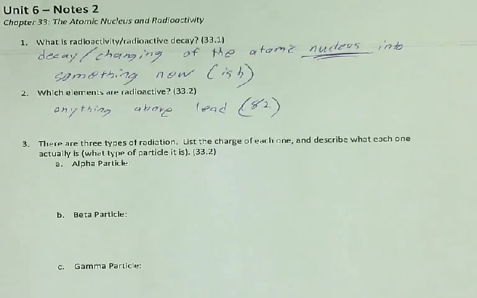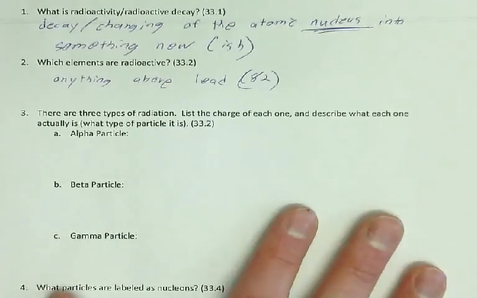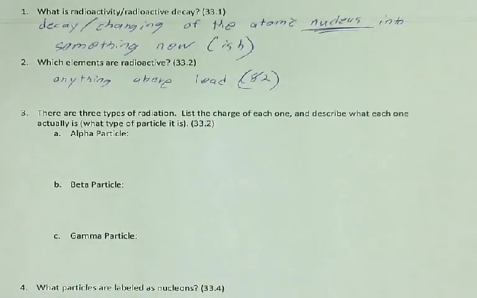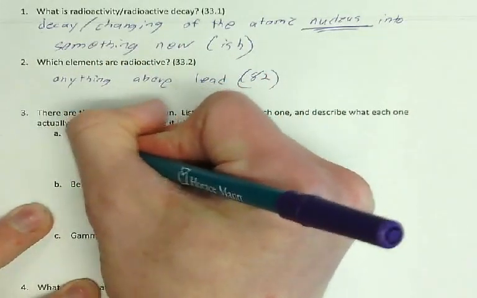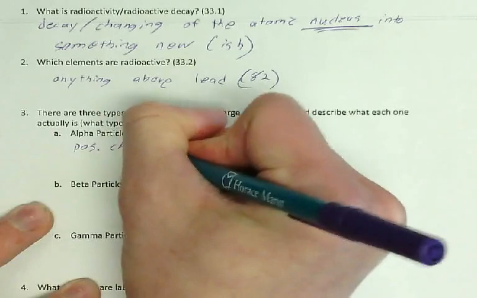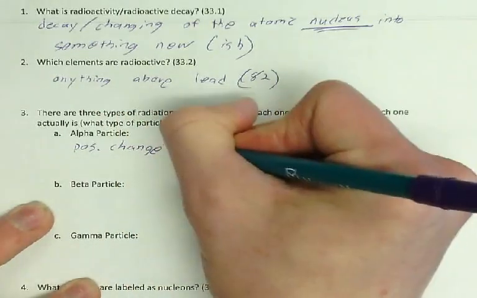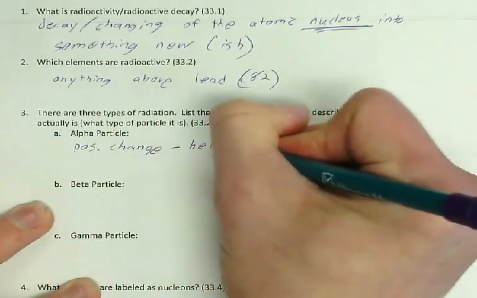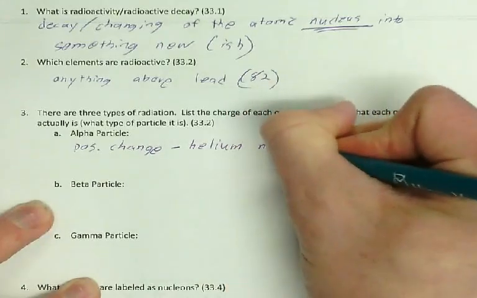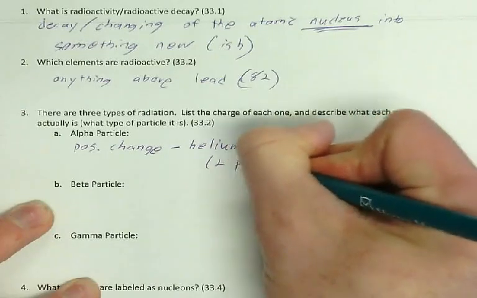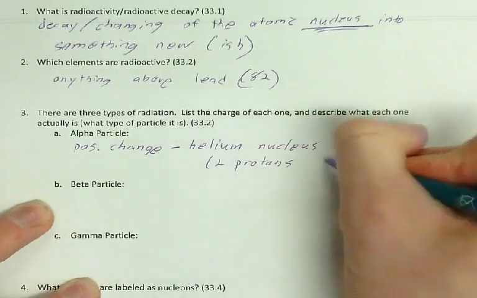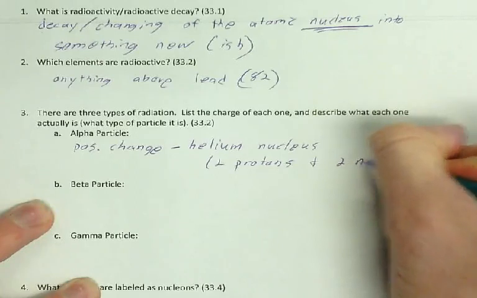Okay. All right. So there are 3 types of radiation that we're talking about here. List each one, describe what each one actually is. So alpha decay is a positive charge. What it actually is, is a helium nucleus, which is 2 protons and 2 neutrons.